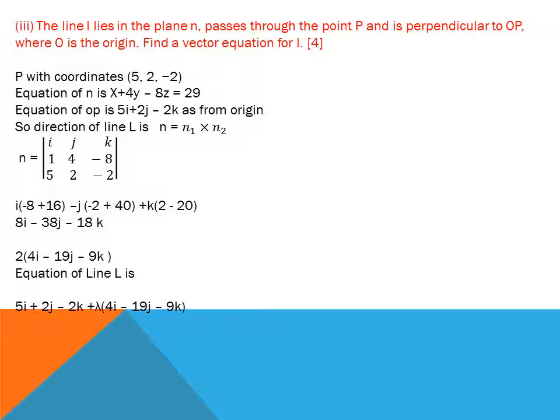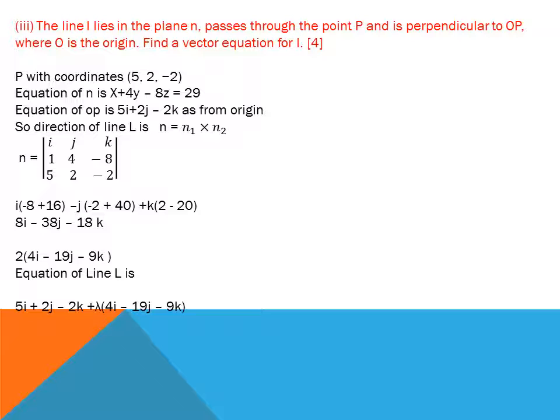In the next part, plane N passes through the point P and is perpendicular to OP, where O is the origin. Find a vector equation, basically for L. Now line L lies in the plane N. P has coordinates 5, 2, minus 2.